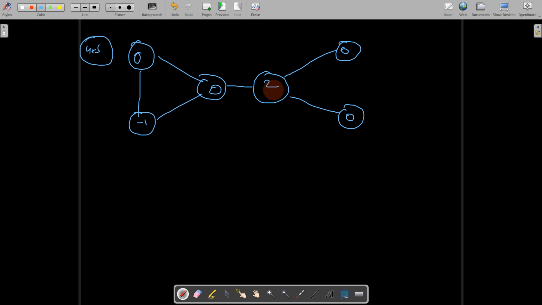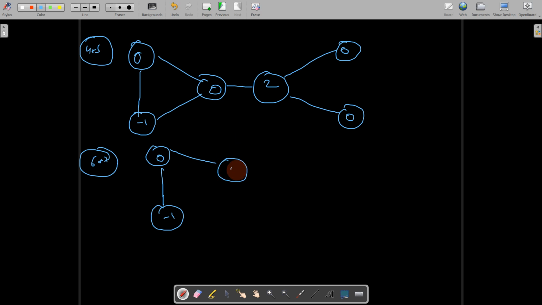Now, in two more moves, what will we do? We will send +1 on this node. So this will be the 6th plus 7th move. I'm writing it together to save time. 0, -1. This will become 2. This will become 0. This will become 0.